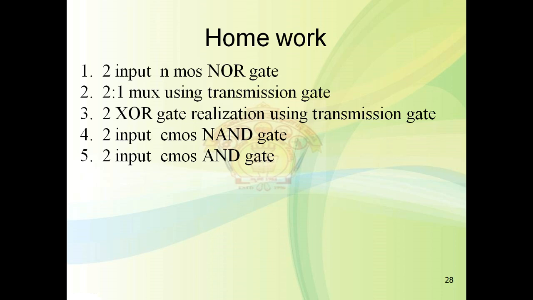First, a 2 input NMOS NOR gate; second, a 2:1 mux using transmission gate; third, a 2 input XOR gate realization using transmission gate; fourth, a 2 input CMOS NAND gate; fifth, a 2 input CMOS AND gate. For all these we have to draw the stick diagram and layout. So today we will stop here.